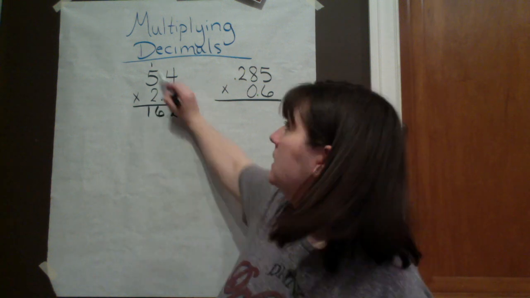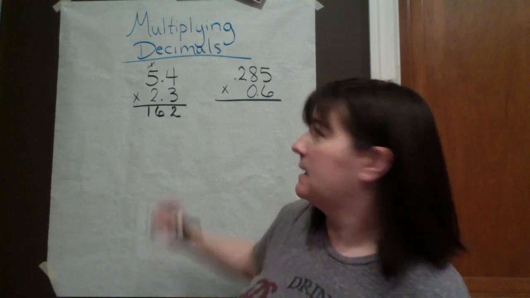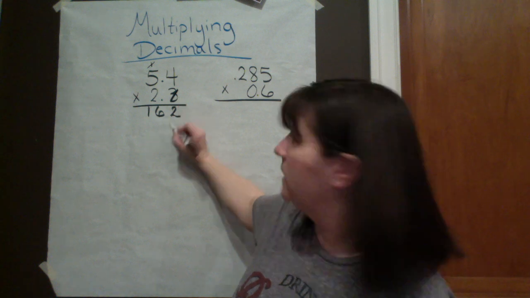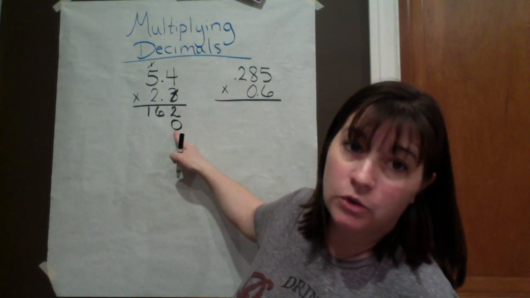Okay? I'm going to get rid of that 1 so I don't accidentally use it this next time. I'm done with the 3, so since I'm done with the ones place, don't forget to put that 0 down there to hold your ones place.